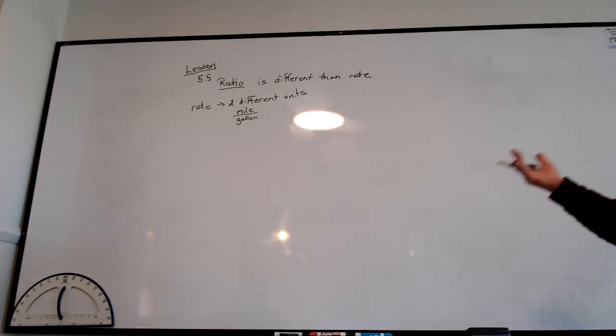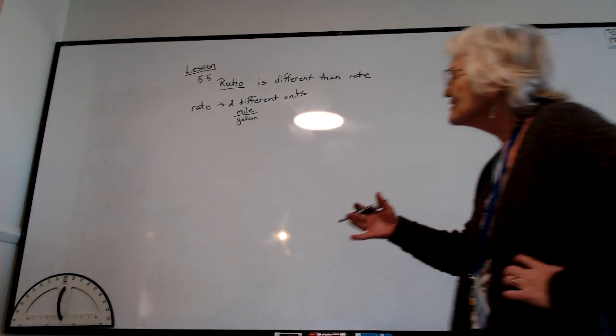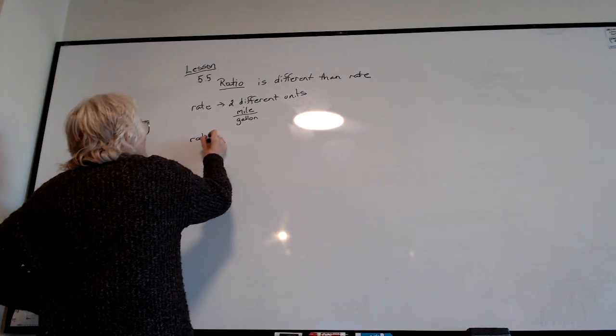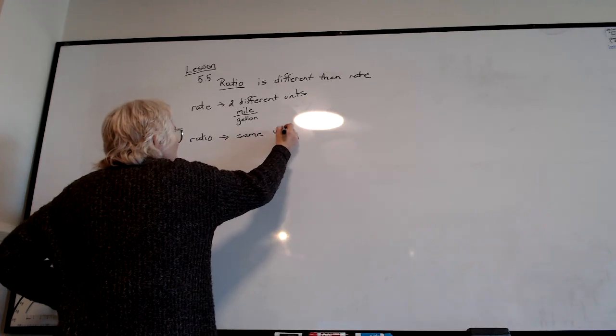Okay, so that's what a rate is. There's always two different units. The only difference when we talk about a ratio is that it has the same units. A ratio is just like a rate, except now the ratio has the same units.